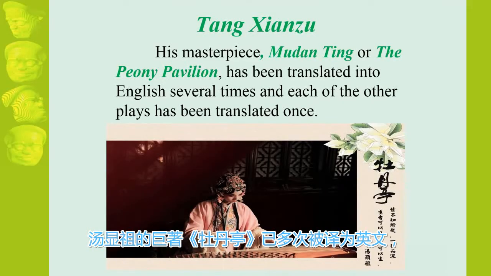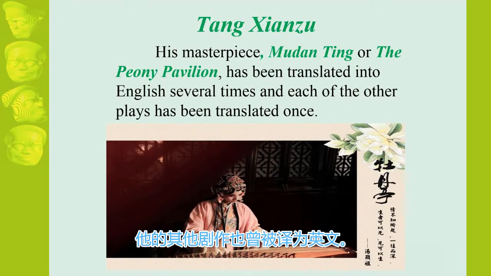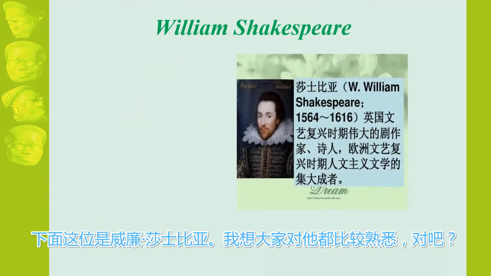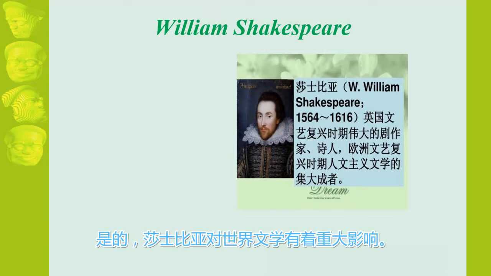His masterpiece, 牡丹亭, or the Peony Pavilion, has been translated into English several times, and each of the other plays has been translated once. And William Shakespeare, I think all of you are very familiar with this one, right? Yes, he has a very great influence on world literature.